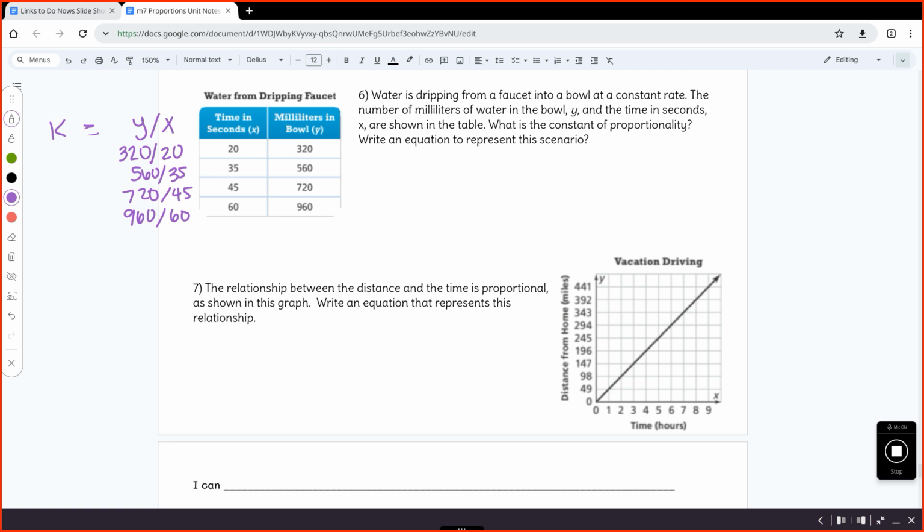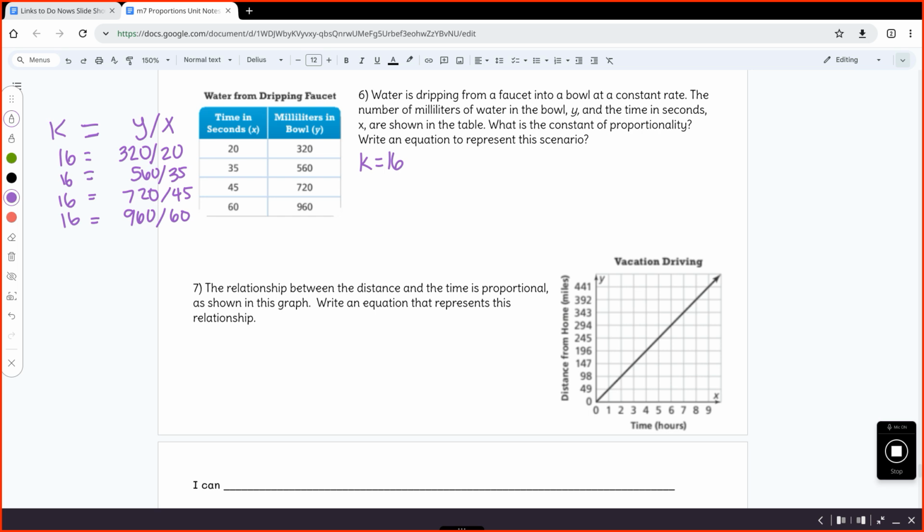when we divide. All right, so when we divide 320 divided by 20, we get 16. If you divide 560 divided by 35, you get 16. For each of these, 720 divided by 45, 960 divided by 60, you get 16. So the constant of proportionality, k, is 16.